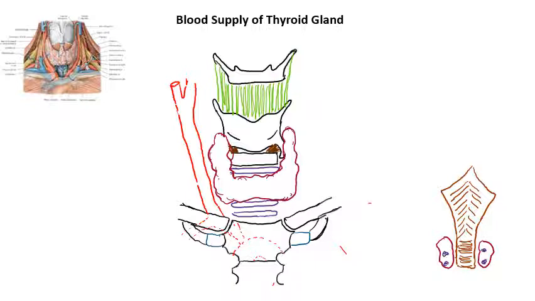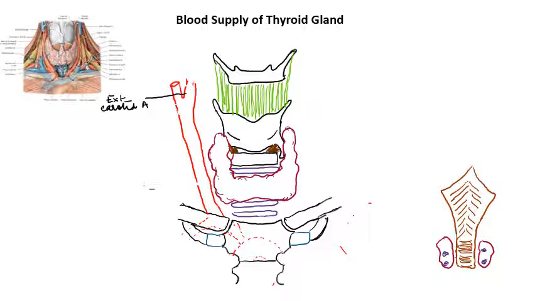So this is the external carotid artery. It gives rise to its first branch, which descends.